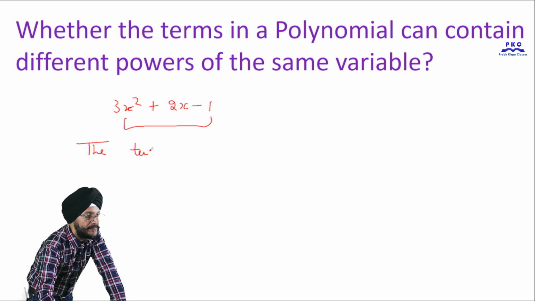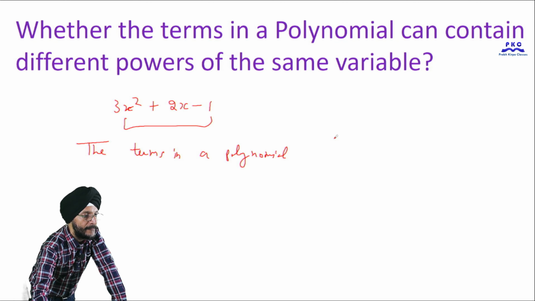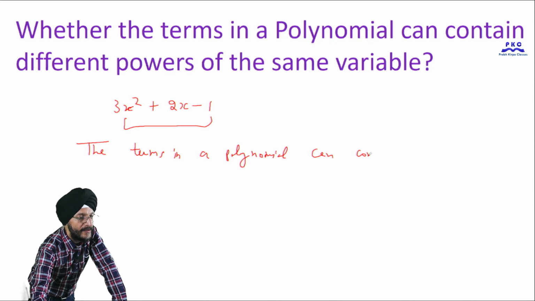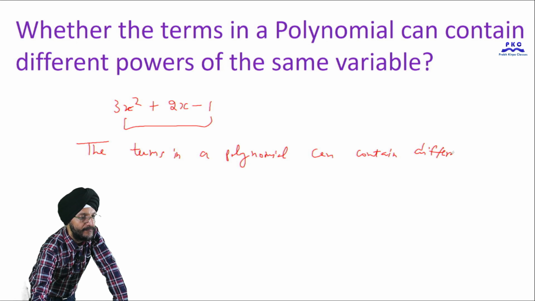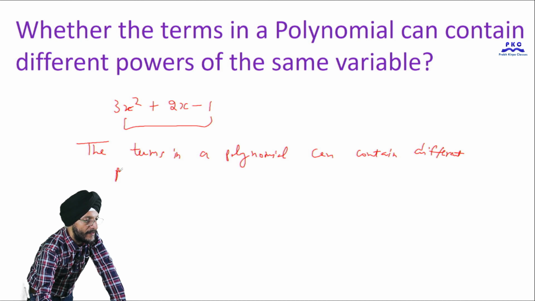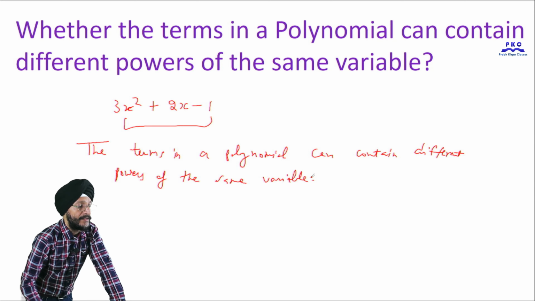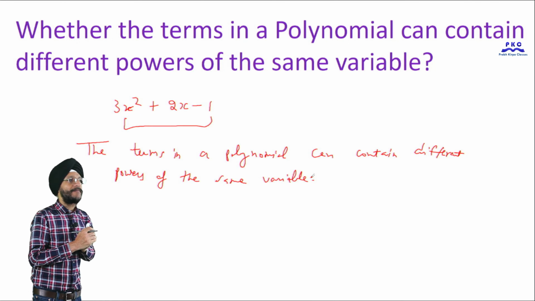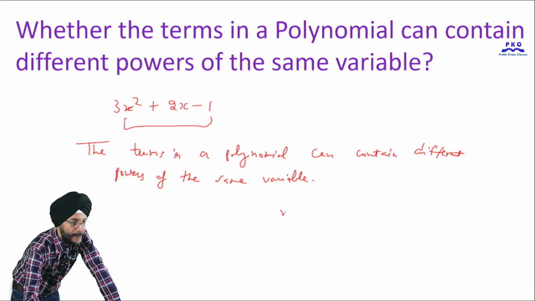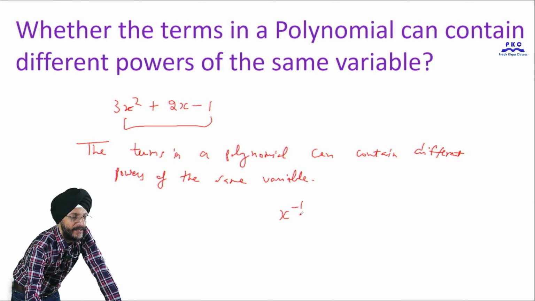So the answer is, the terms in a polynomial can contain different powers of the same variable, but it must be remembered that the power cannot be negative.